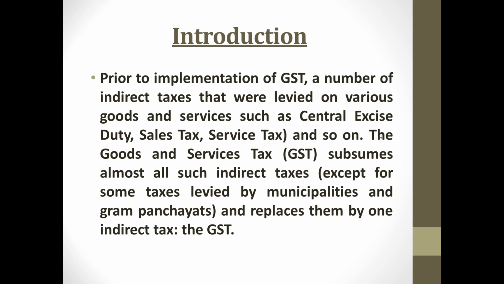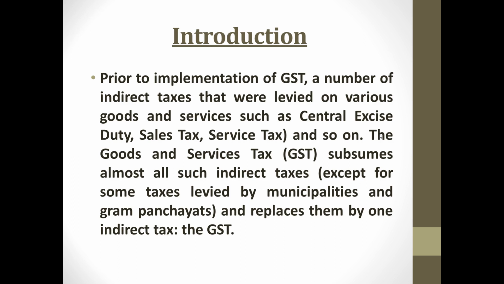So it was a bit of lengthy work. For example, if you have a business setup in Uttar Pradesh and you also have a business setup in the state of Rajasthan, you must comply with two different sets of rules, that is, sales tax for the state of Rajasthan and sales tax for the state of Uttar Pradesh.